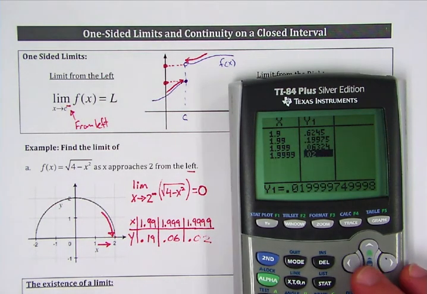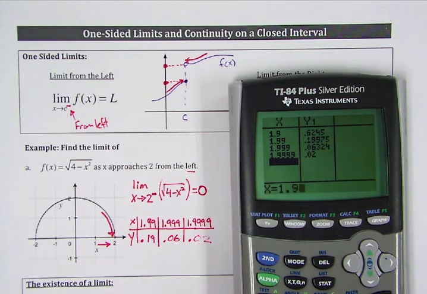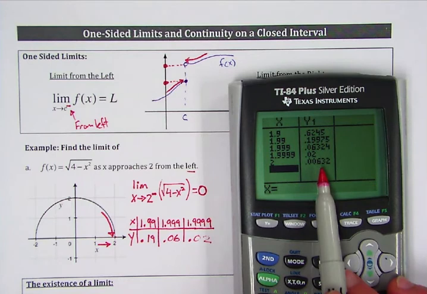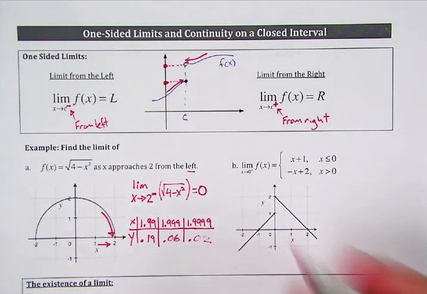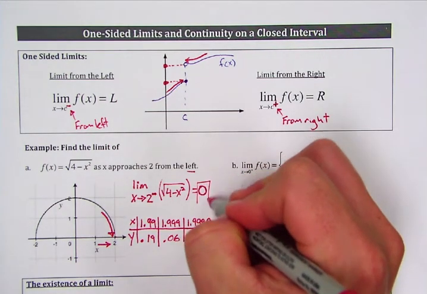If that's still not good enough for you, you can just keep adding 9s. If we added 5 of them, now we see 0.006. Get out a whole bunch, and you can see that we're getting very close to 0. So we're going to say that the limit from the left side is 0.